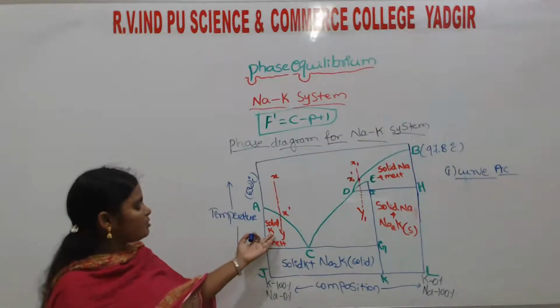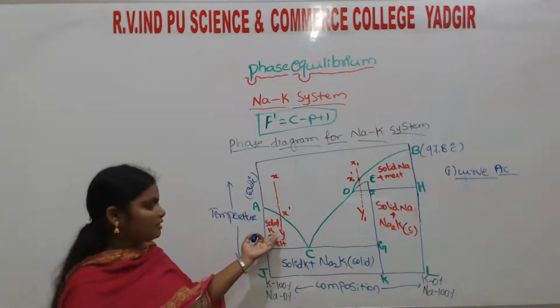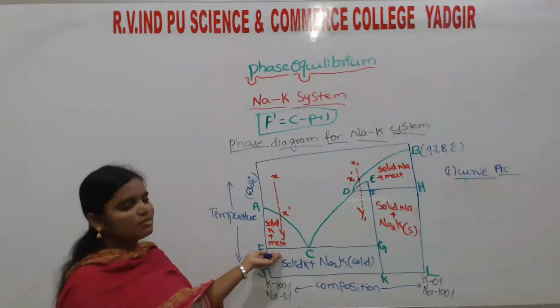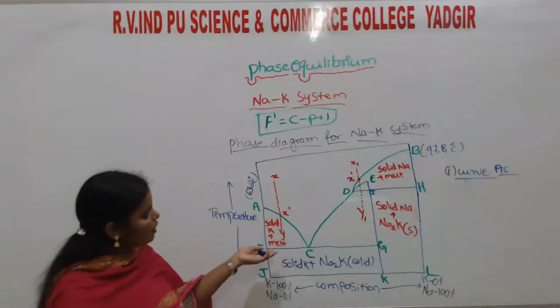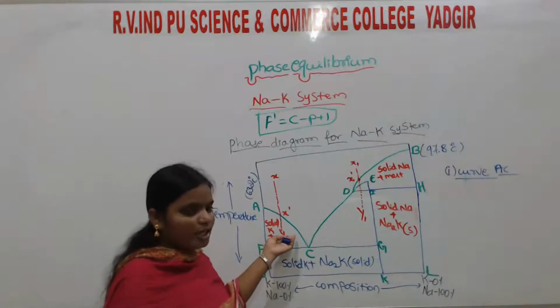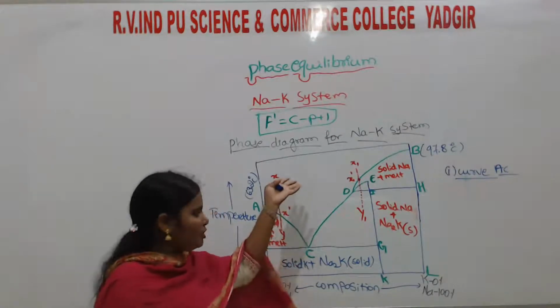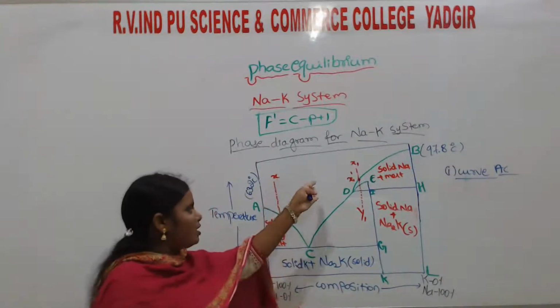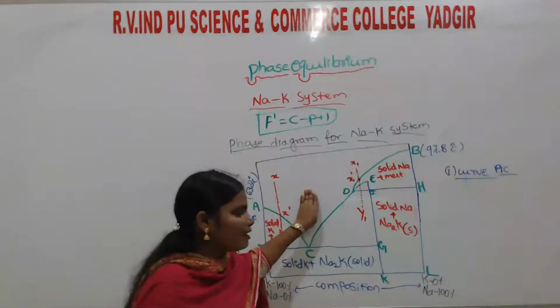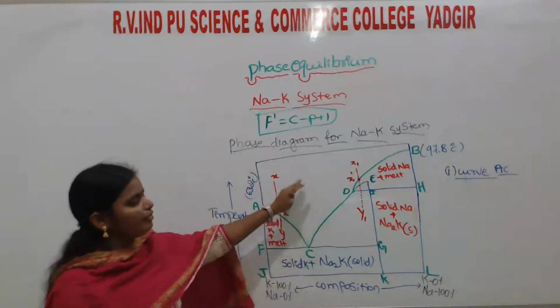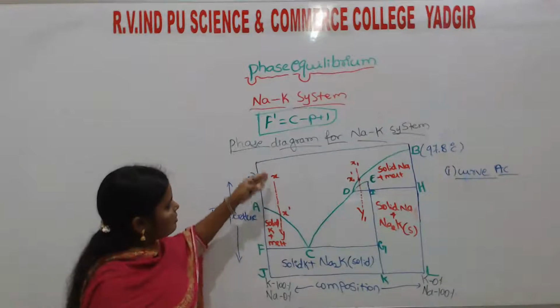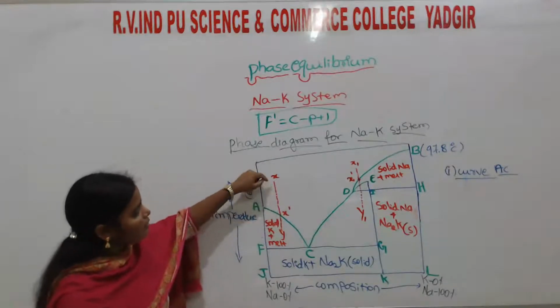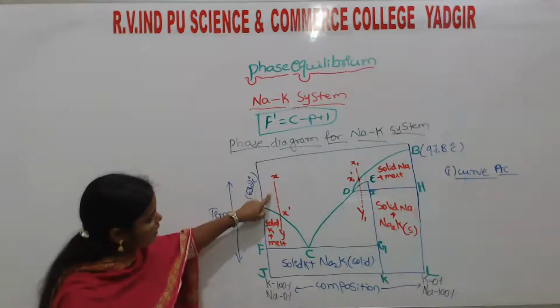Here solid K is already present. In the melt, the sodium and potassium are at a high temperature in the liquid phase, and you are decreasing the temperature slowly, it gradually decreases.